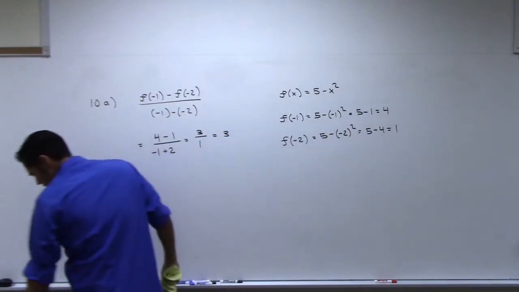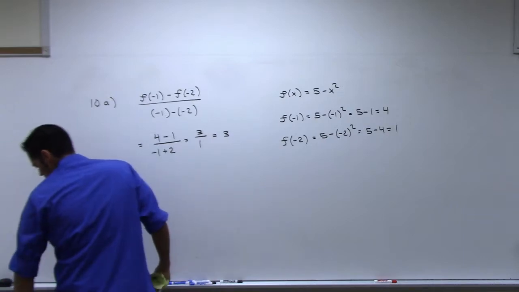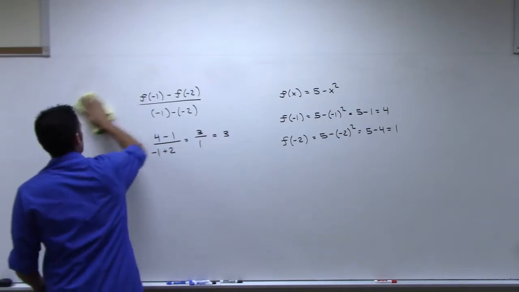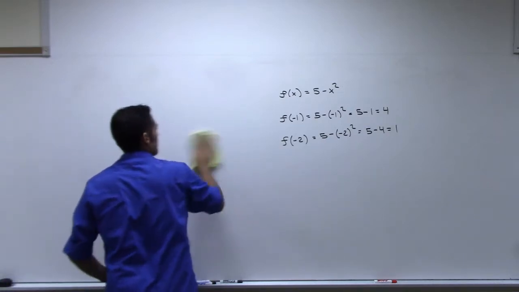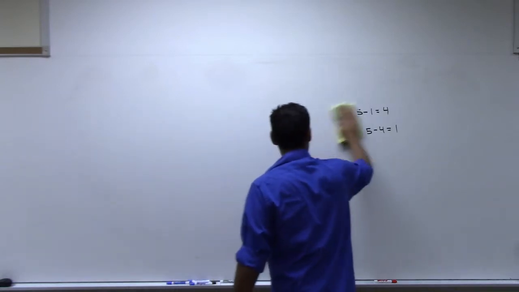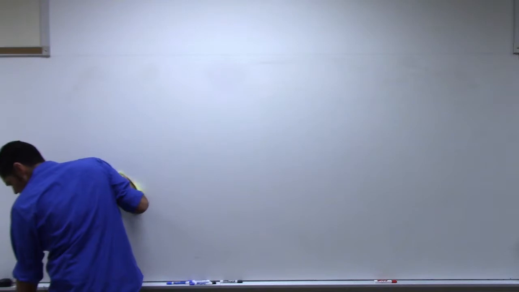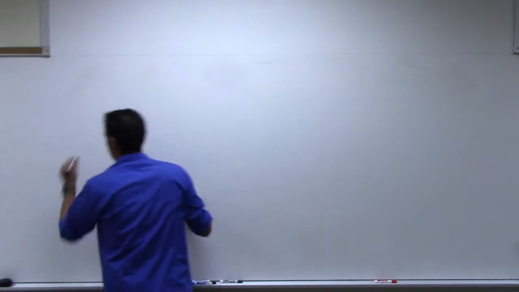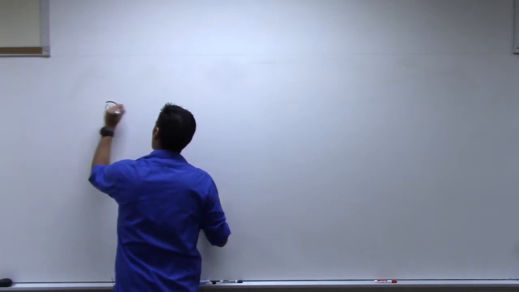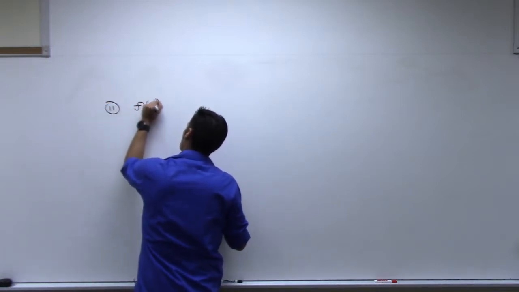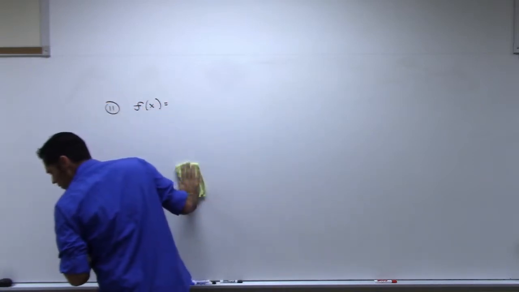All right, now let's look at number 11. So for number 11, it says find the indicated quantities for the following function. F of x equals 3x squared.